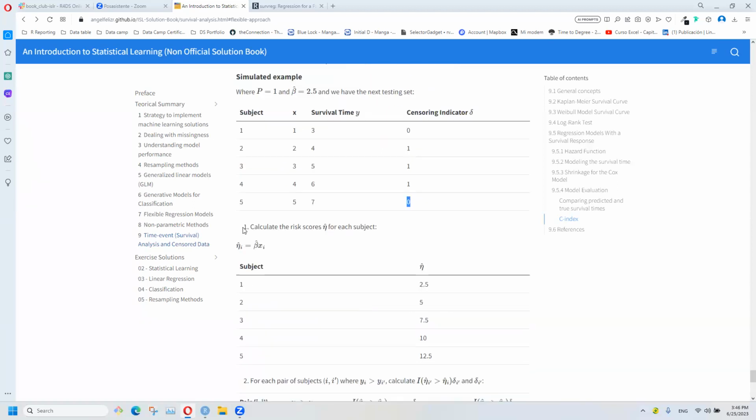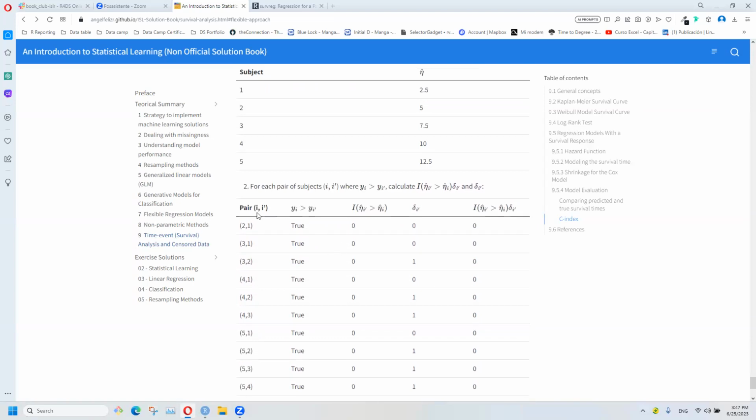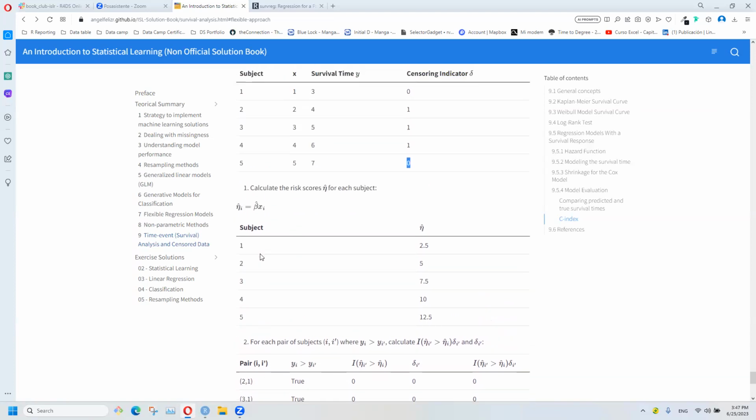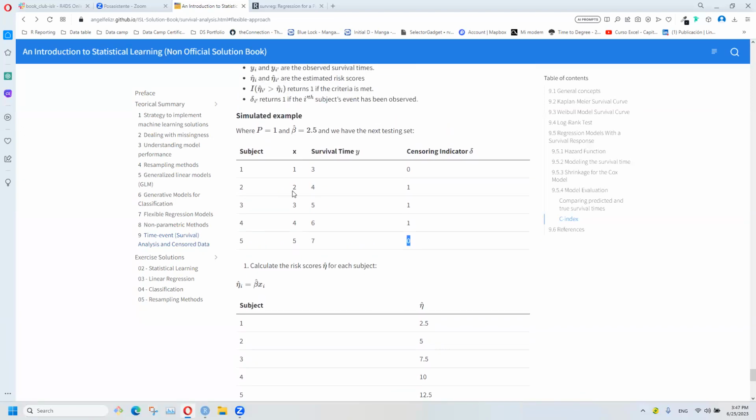So we start to calculate our risk score. We just need to multiply X times 2.5 and we get the numbers. And here is the most tricky part. We need to compare the IDs when Y is higher than Y. So as 4 is higher than 3, we compare subject 2 and 1.